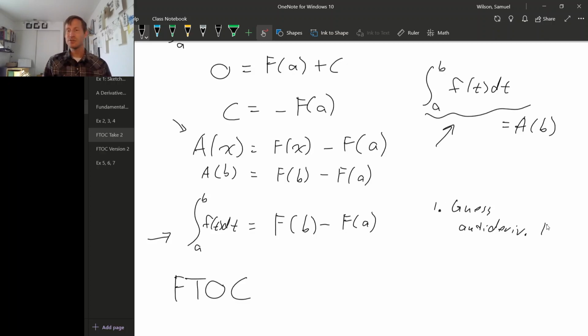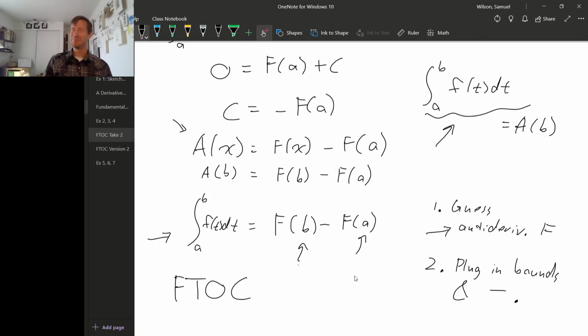So guess an antiderivative, capital F. And then step 2 to evaluating a definite integral is plug in your bounds and subtract. That is all we will have to do to calculate definite integrals. Guess an antiderivative, and then plug in your bounds and subtract.